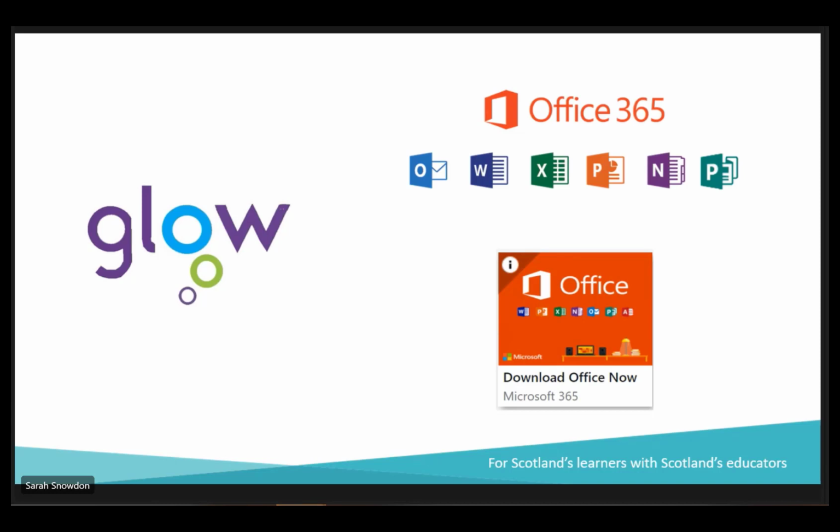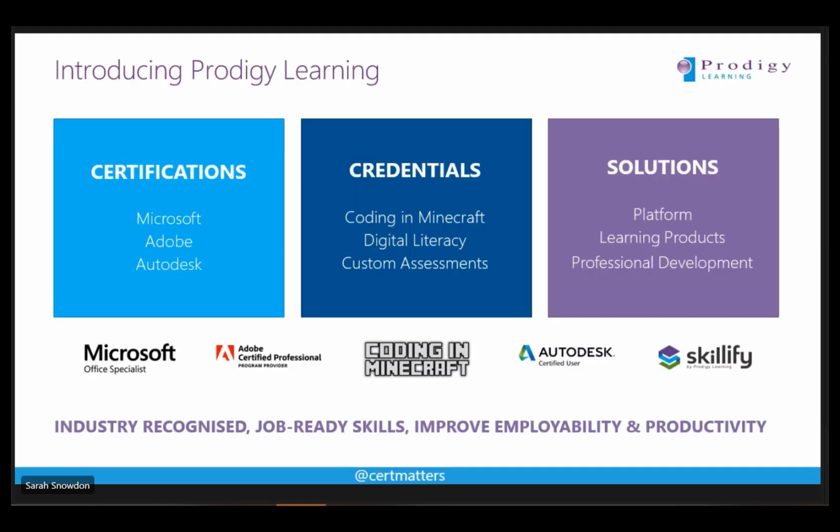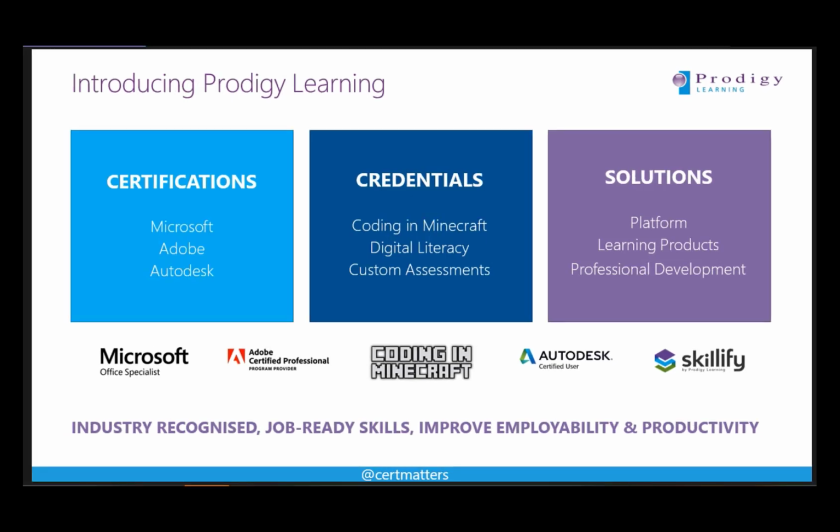As Jenny's mentioned, I'm from an organisation called Prodigy Learning, and yes, we are a Microsoft Global Training Partner. These are the kind of things that Prodigy Learning do. We look after certifications for Microsoft, for Adobe and Autodesk as well. So we're kind of like an awarding body for those different organisations. We also have credentials like coding in Minecraft and digital literacy, and we've got lots of different solutions and different platforms.